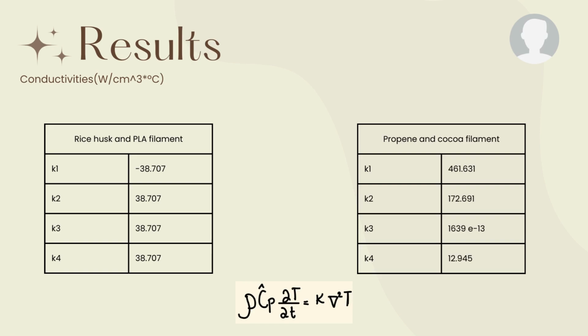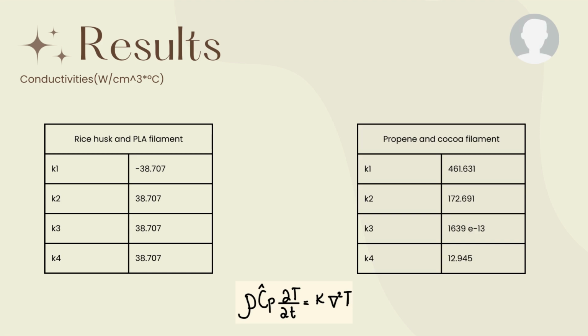In the propene and cocoa filament, the first part was 461.6331 watts over cubic centimeter Celsius degree. Excuse me for the cat sounding.